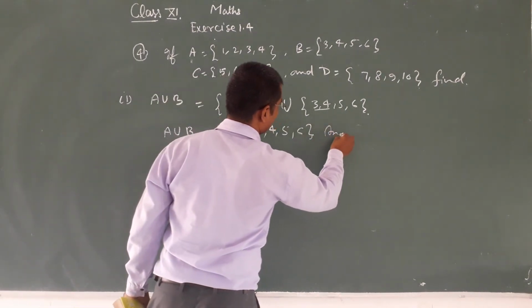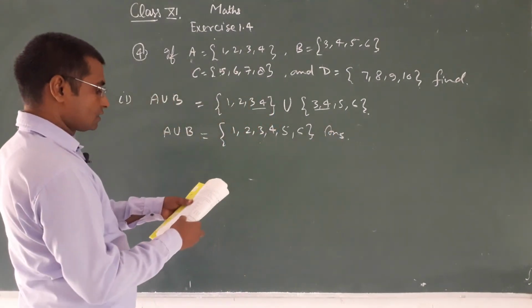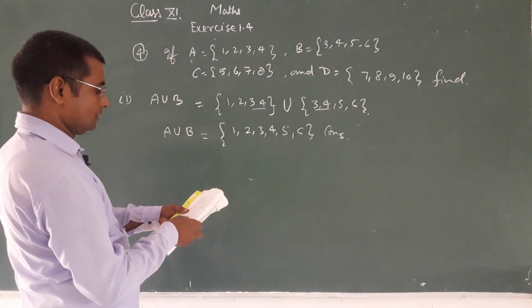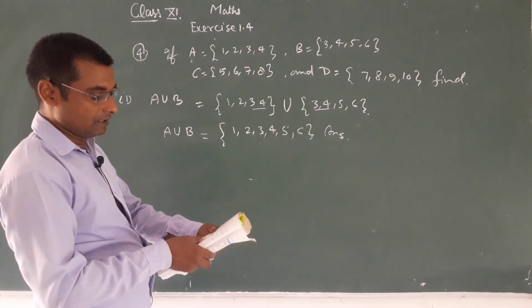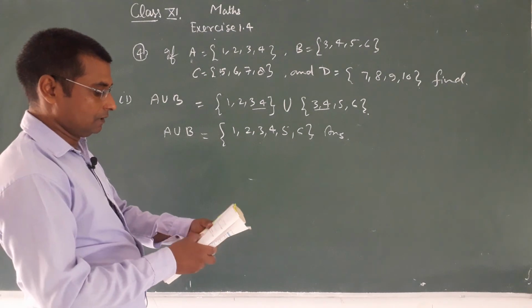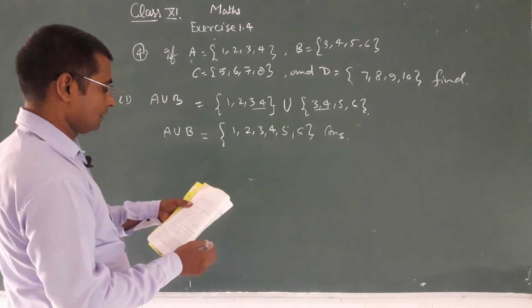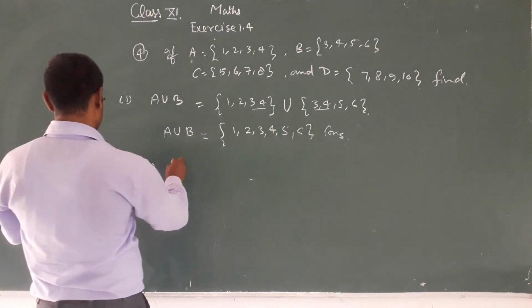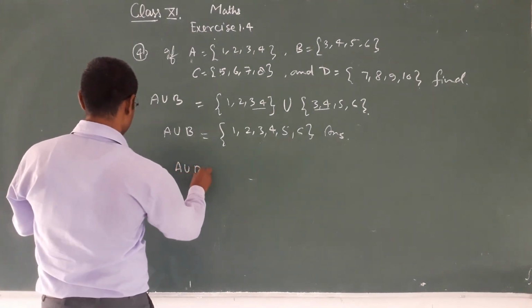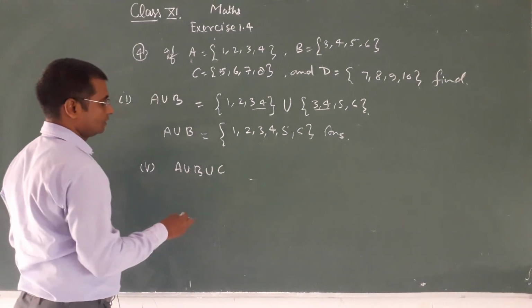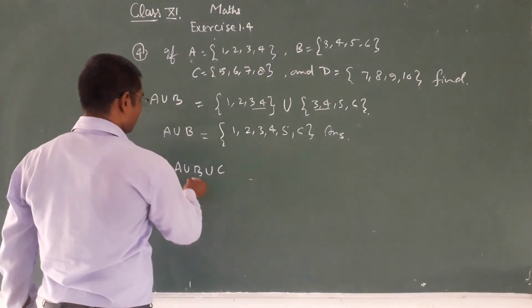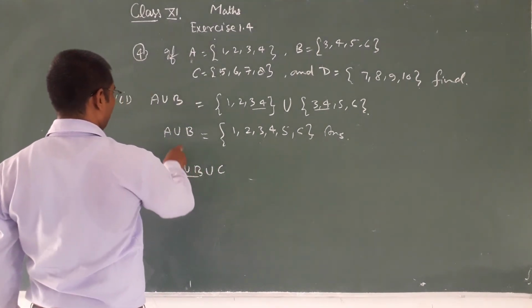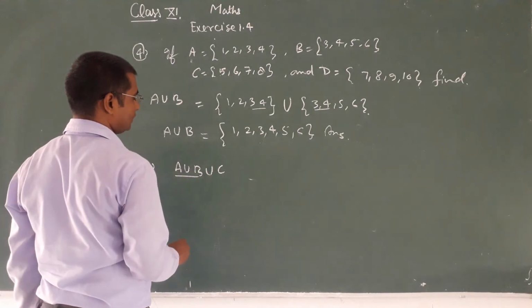This is the answer. And also we find A union C, third B union C, fourth A union D, and fifth part, A union B union C. So now let A union B from the above part be the set.